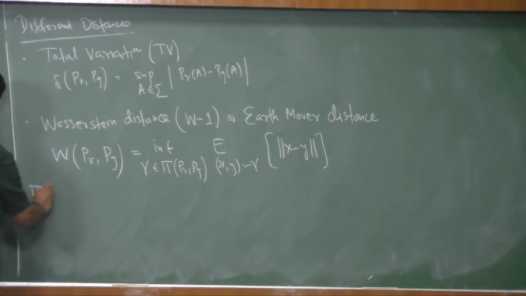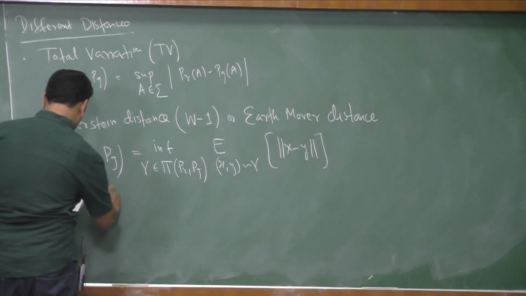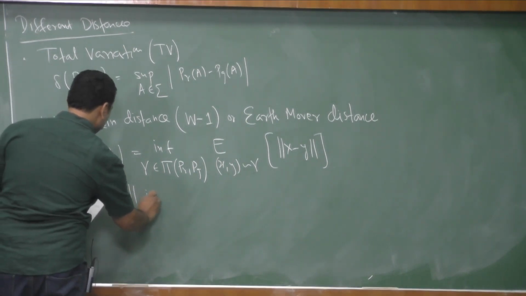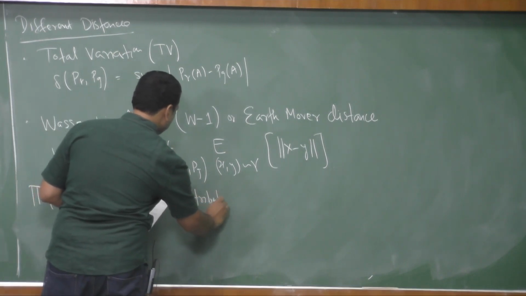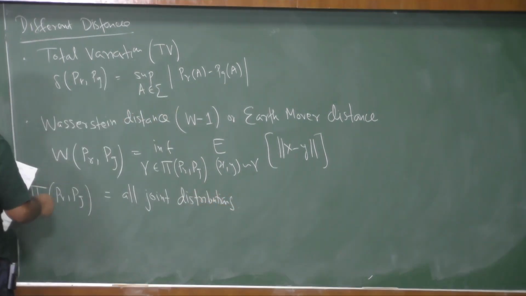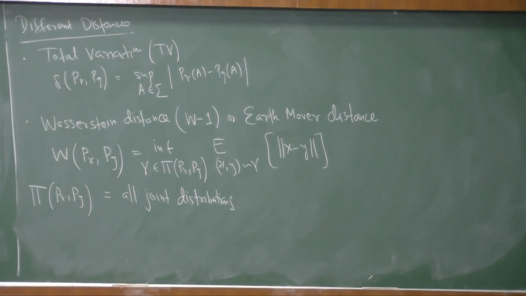So Pi(PR, PG) is the set of all joint distributions, and these are your marginals, the way it's denoted. I have a distribution given by joint f(x, y). Then I get a marginal for x by integrating out the y.